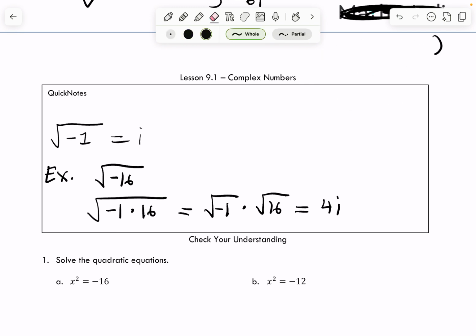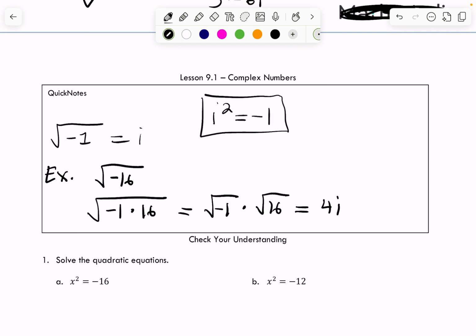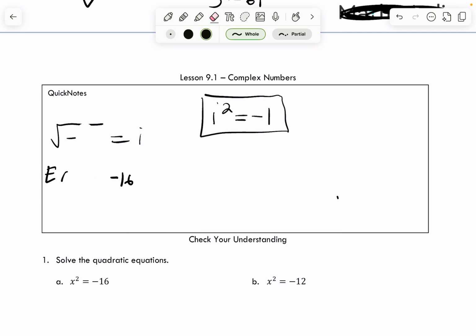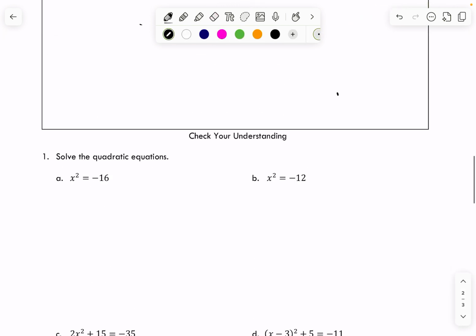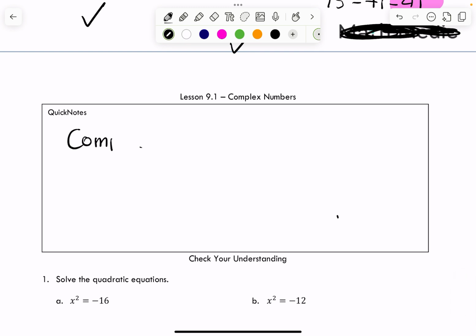Another thing that we learned about was i squared equals -1. This is just really important to know. You'll see this on the ACT, and you'll see this in a lot of problems that you work with. And last thing that we haven't really talked about is anytime you get something imaginary, it's called a complex number.